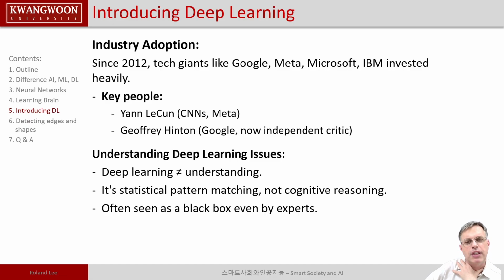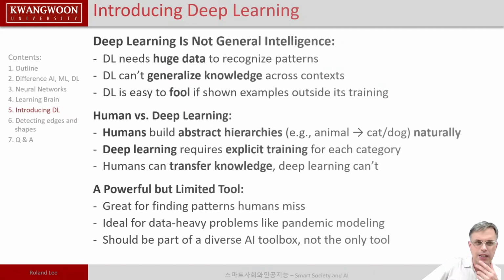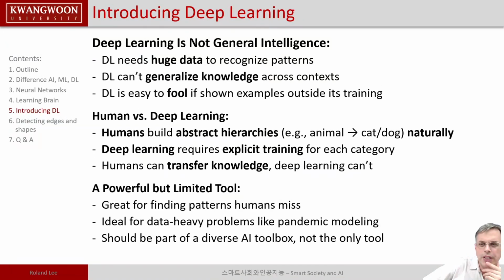In addition, in knowing that dogs and cats are animals, a human can easily make a leap to see other animals as animals, even with no specific training. Deep learning would require separate training for each thing that is an animal. In short, deep learning cannot transfer what it knows to other situations as humans can.